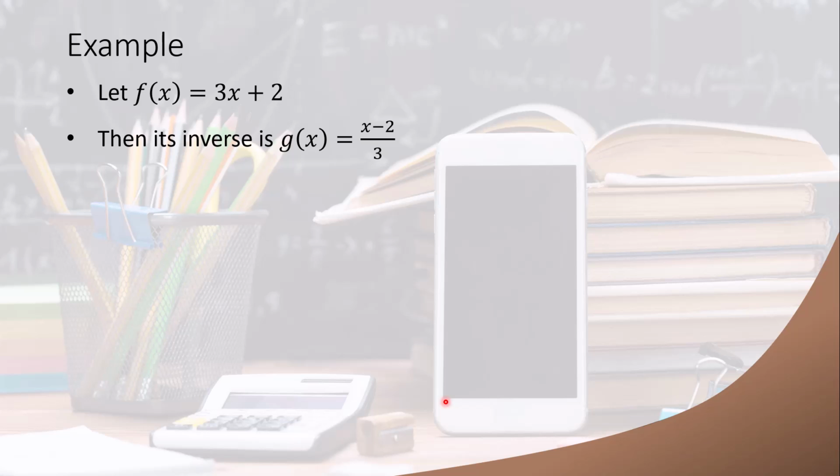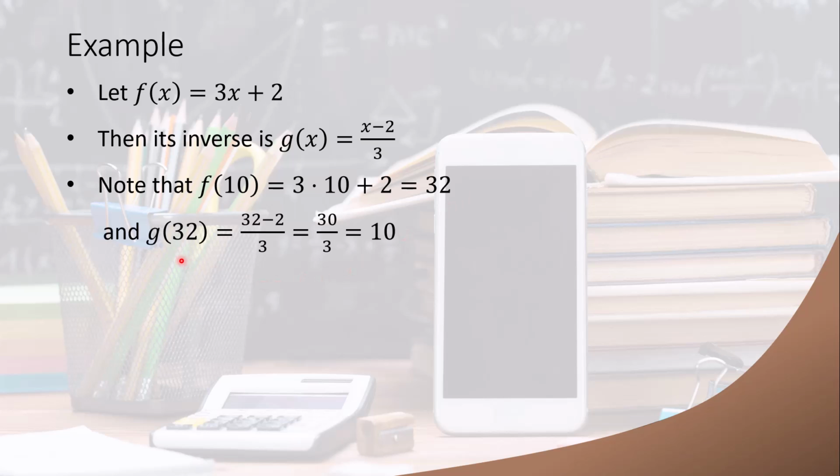Okay, and here's an example. Suppose that we have a linear function, 3x plus 2. It happens to be a one-to-one function. All linear functions with a non-zero slope are one-to-one functions. And if that's the case, it has an inverse, and this happens to be the inverse. Don't believe me? Well, check this out. Let's suppose we evaluate f when x is equal to 10. Then we have 3 times 10 plus 2, which is 32.